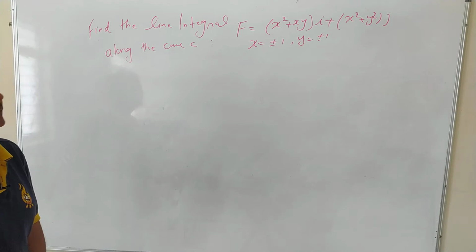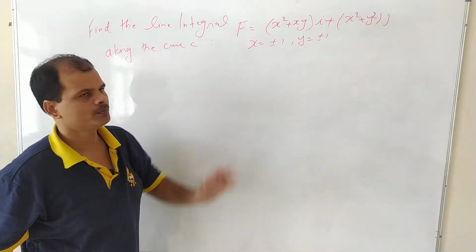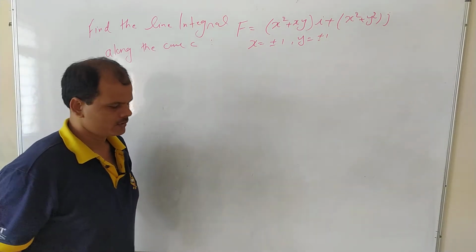So here c is the one square bounded by x equal to plus minus 1, y equal to plus minus 1.